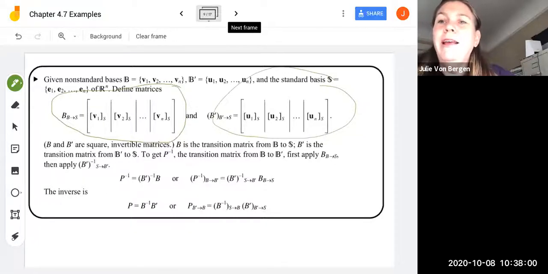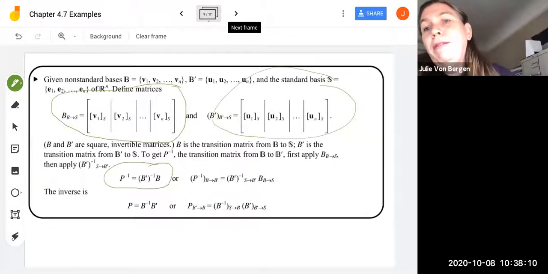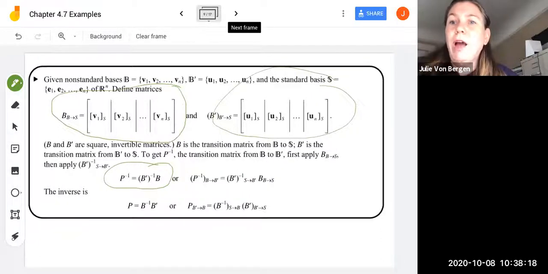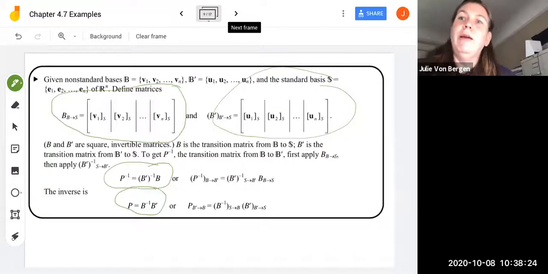So what this is really saying is sometimes when we've got two non-standard bases, we use the standard basis as an intermediate step. So you can think about P inverse as B prime inverse multiplied by B. And so, using inverse properties, going the opposite way, you can think about P as just B inverse B prime. And then over on the right, I've got some alternate ways of writing this.